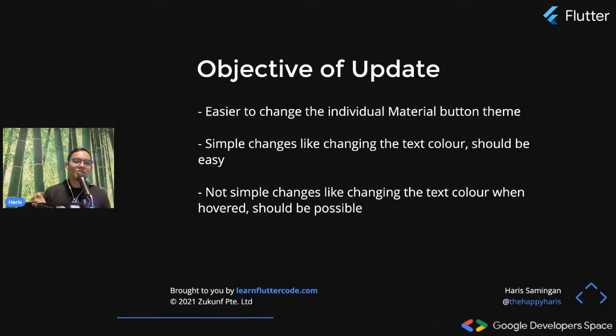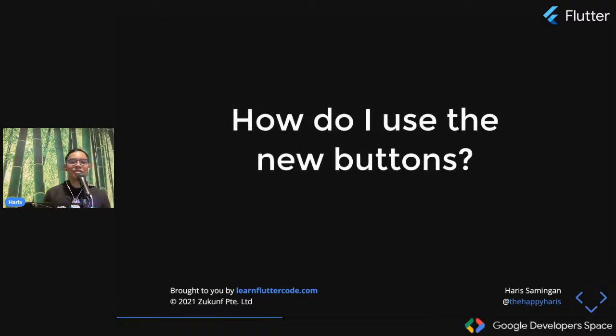And simple changes like changing the text color in the theme should be easy, but it's not, because there are certain specifications that weren't added inside. And lastly, for example, simple changes in the text color when hovered should be possible. So all of this is to make it easier for you guys to implement theming of your Flutter buttons. So then how do I use the new buttons?